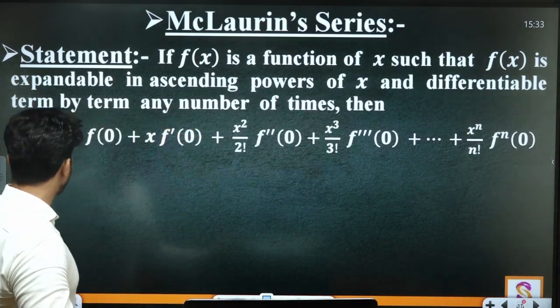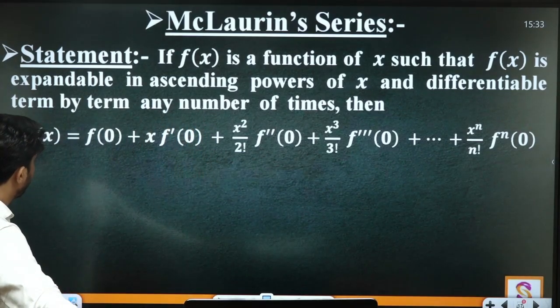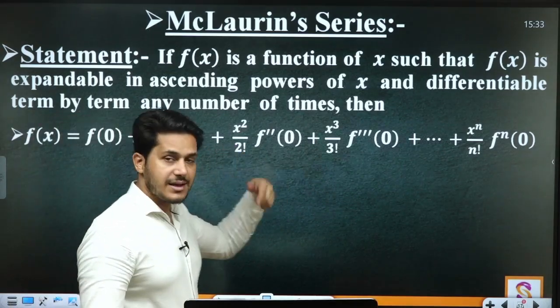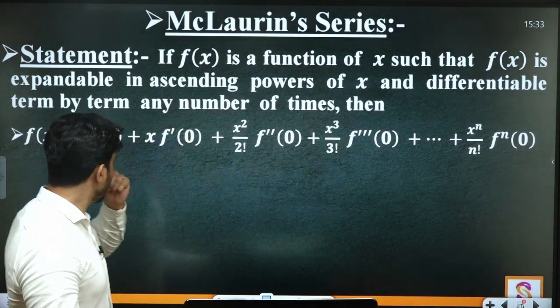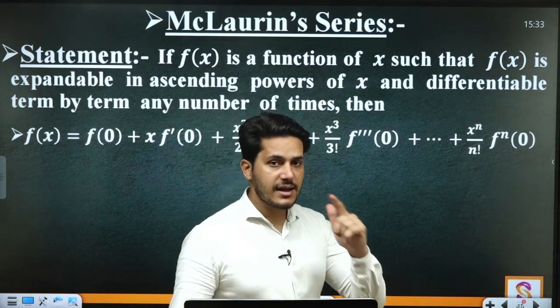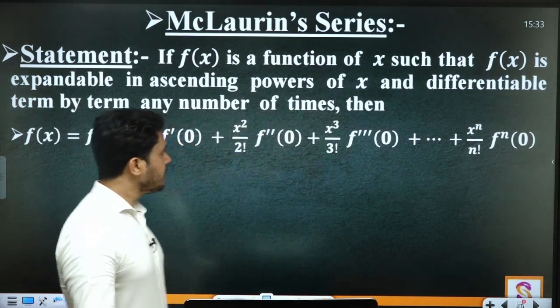क्या है ध्यान से देखो. This is the function which can be expanded in terms of increasing powers of x as well as the derivative of the function at x equal to 0. Okay, देखो क्या लिखा है.